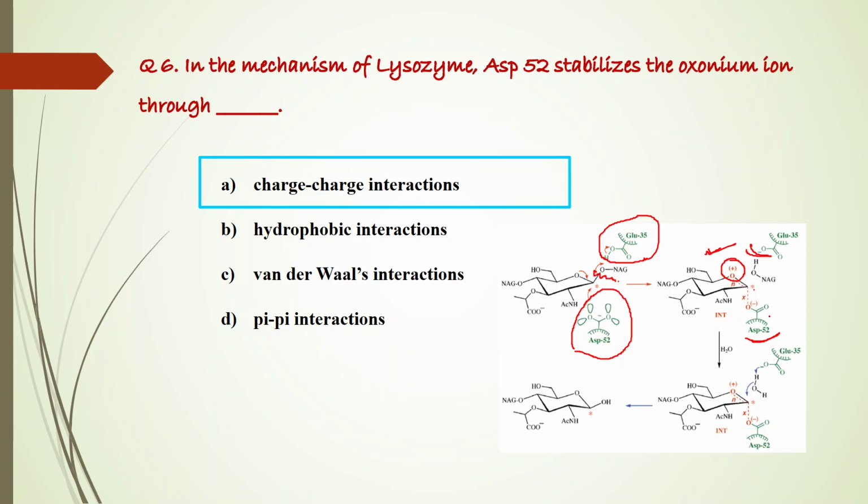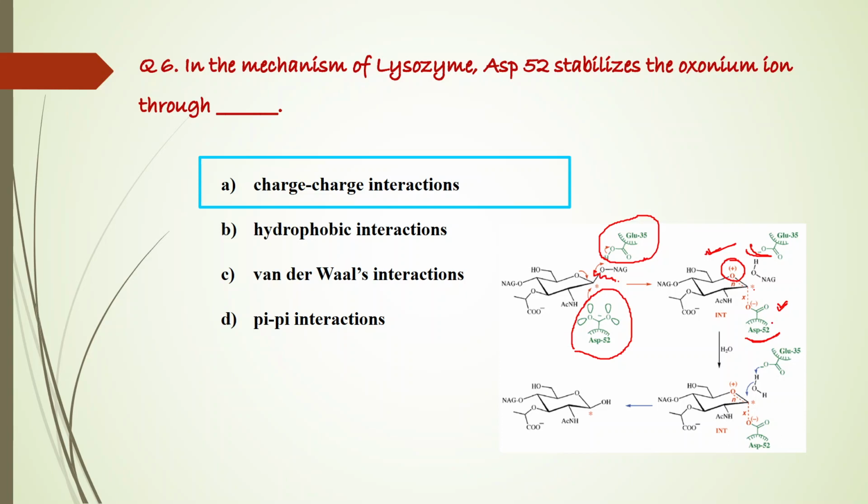But in the case of Asp52, it is not directly involved in any kind of bond breaking or making. It is stabilizing the oxonium ion by a charge-charge interaction with its own negatively charged side chain.